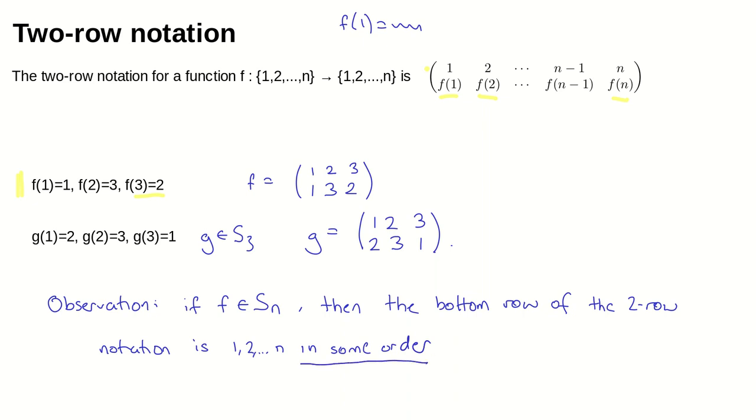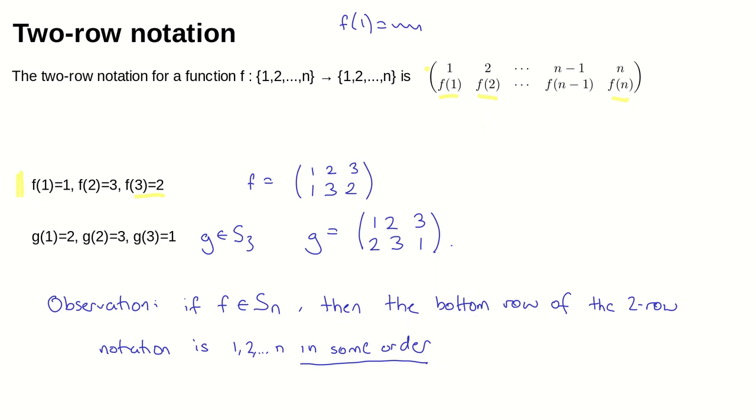The reason that's true is that a permutation is in particular an onto function, and what's on the bottom row of the two-row notation is a list of the things in the image of f. So if f is onto, its image is all of 1, 2, 3 up to n. That means all of those numbers must appear on the bottom row somewhere. Therefore, the bottom row of the two-row notation for a permutation of the set 1, 2, 3 up to n must be the numbers 1, 2, 3 up to n in some order.